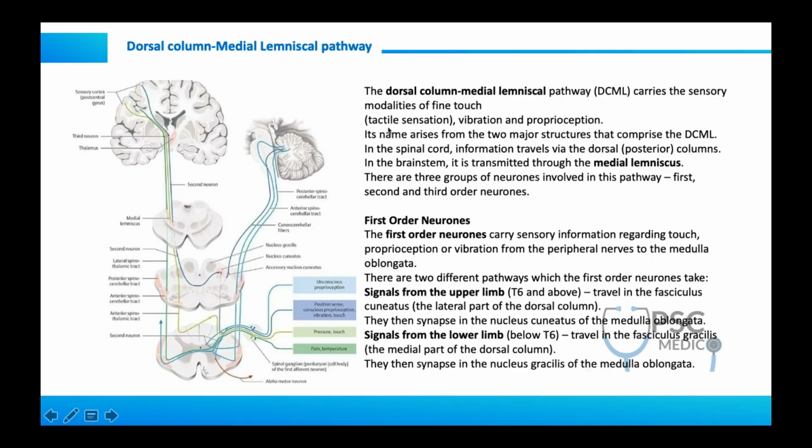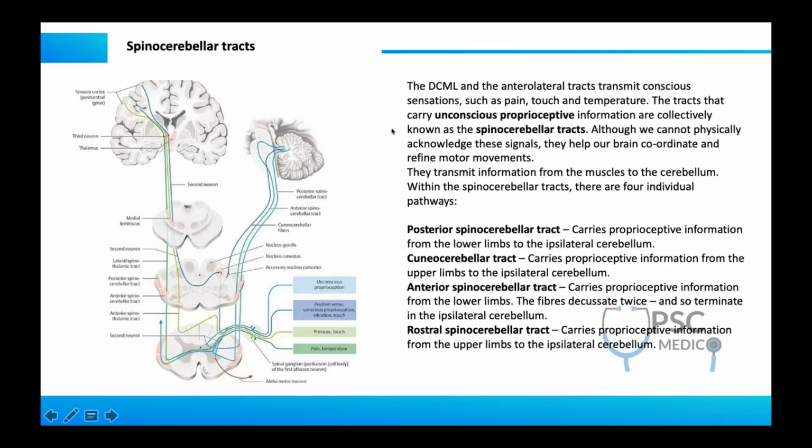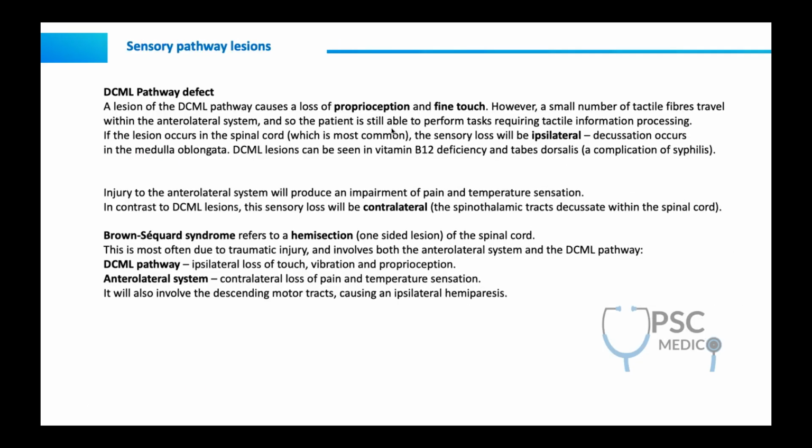So we got three tracts. One is the dorsal column medial lemniscal pathway, the other is the anterolateral system, and the third is the spinocerebellar tracts. We'll discuss these three tracts, their pathways, and at the end I'll conclude with what happens if there is a defect in each of these systems.